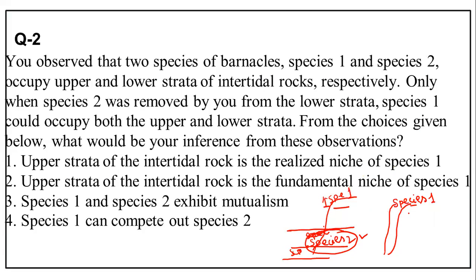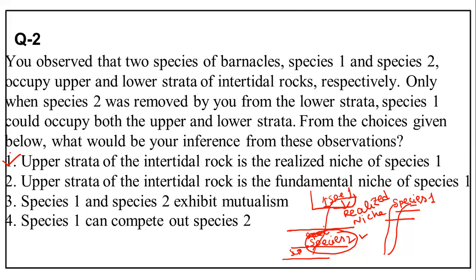Now you can see that the upper strata of species 1 is its realized niche. So the upper strata of the intertidal rock is the realized niche of species 1, right?